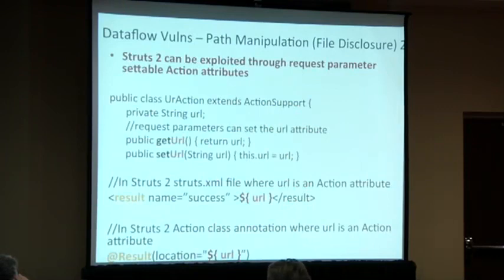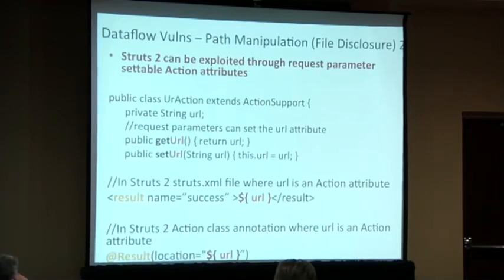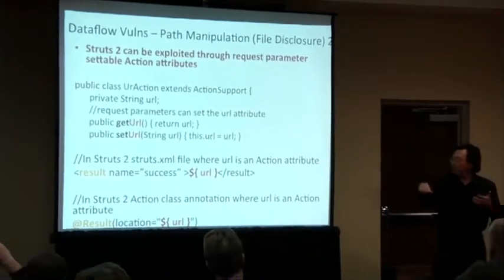Struts 2 is kind of special. They don't have a parameter per se. We're going to go over this in the demo, but I want to give you a little intro. The public getters and setters of the action class are settable via request parameters. This is just like in that previous example where we said params and some loan ID. This is the same thing.